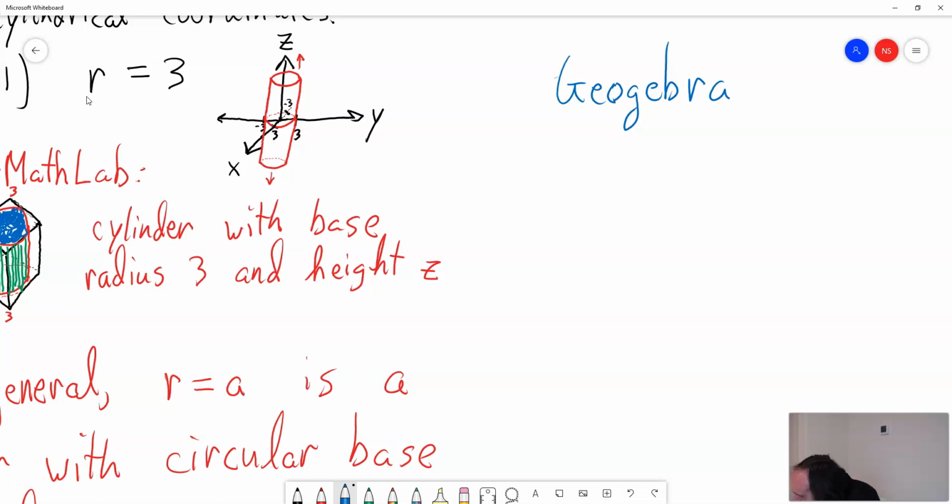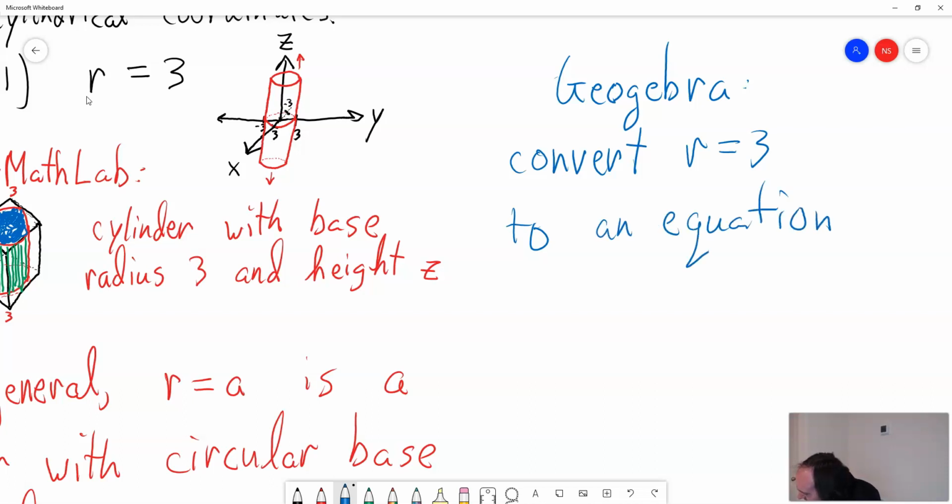We have to convert r equals 3 to an equation in x and y.